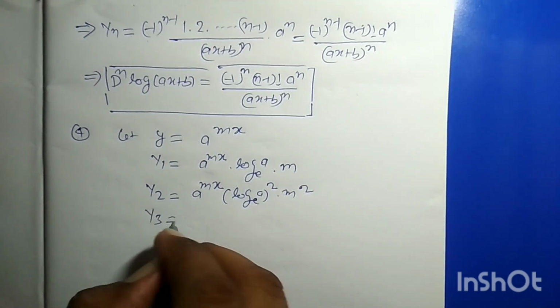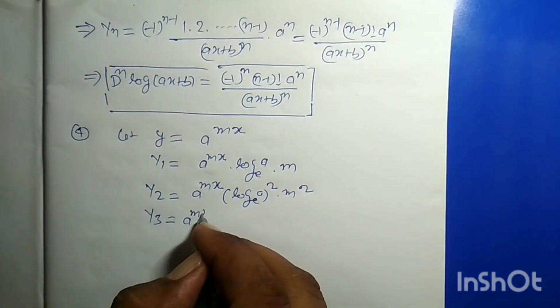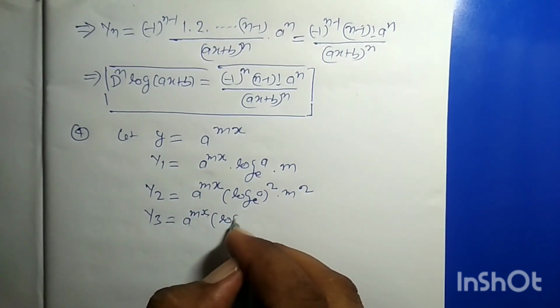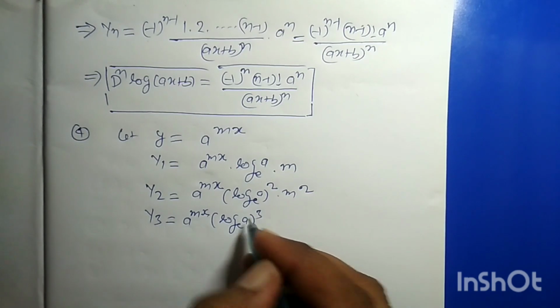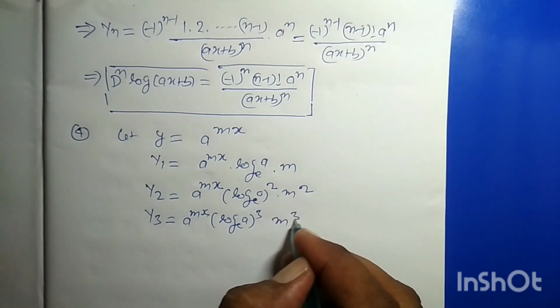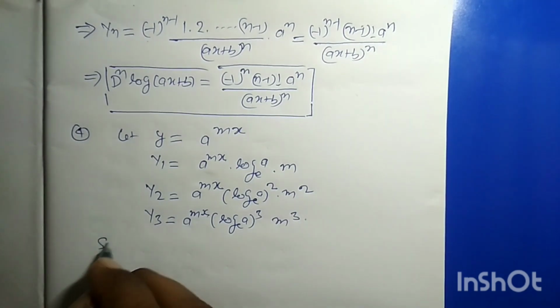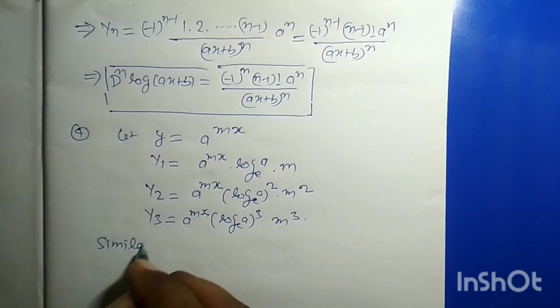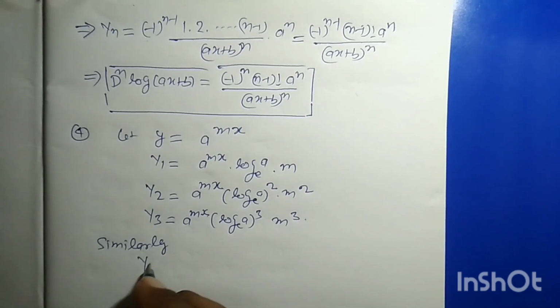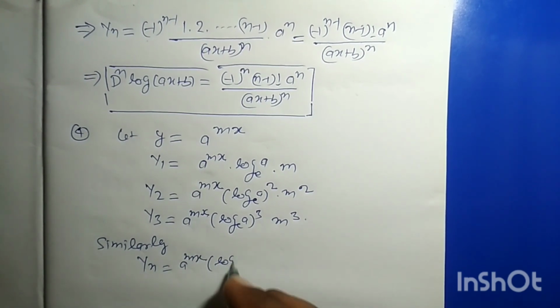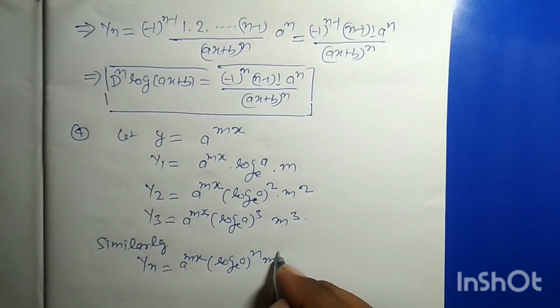Similarly third derivative y3 a raised to power mx, log a raised to power 3 and m raised to power 3. Similarly we can write nth derivative, y_n is equal to a raised to power mx, here log a raised to power n and m raised to power n.